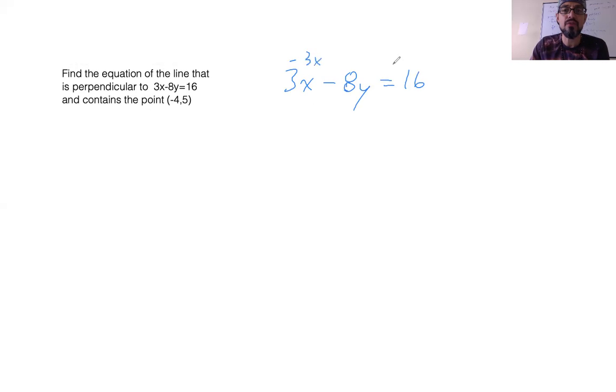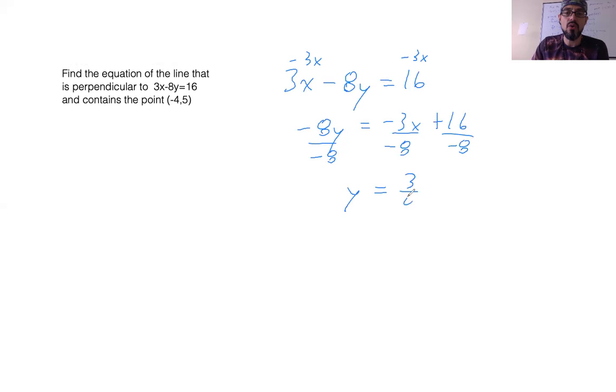Well, minus 3x from both sides, and I'll have -8y equals -3x plus 16. And then I'll divide everything by -8, and I'll have y equals 3 over 8x minus 2.